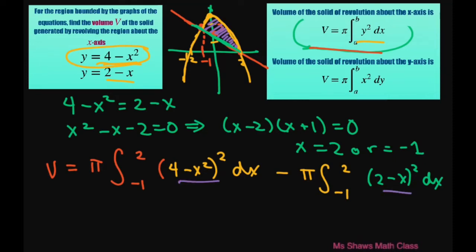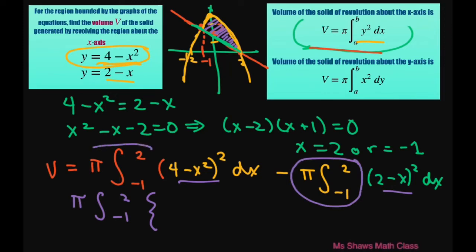All right, let's simplify all this. Let's expand these. So you're going to get pi times the integral from negative 1 to 2, and I'm going to put everything together. So basically I'm factoring out pi.